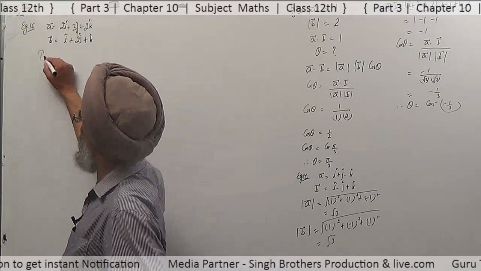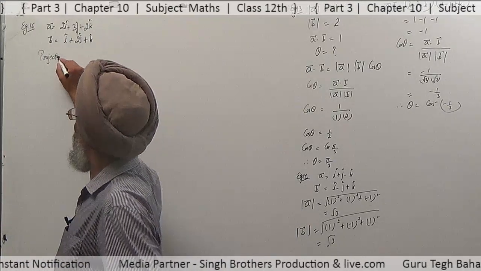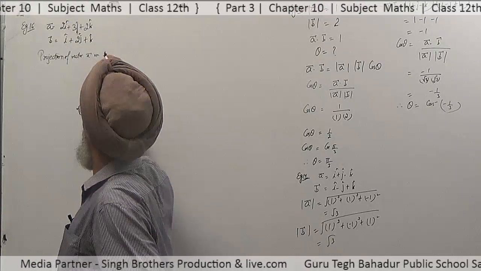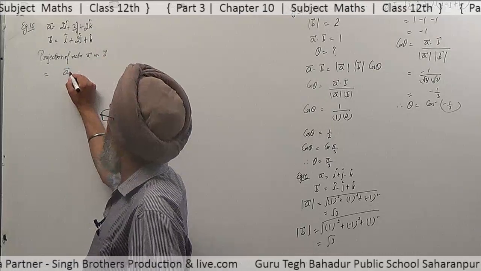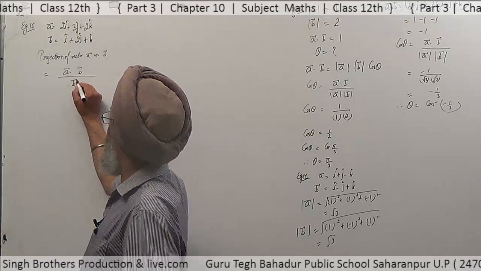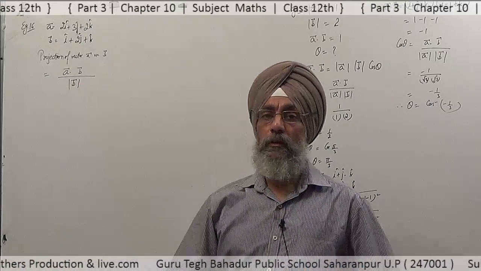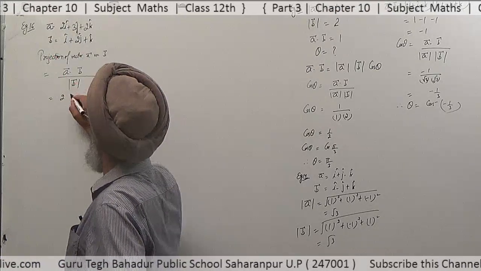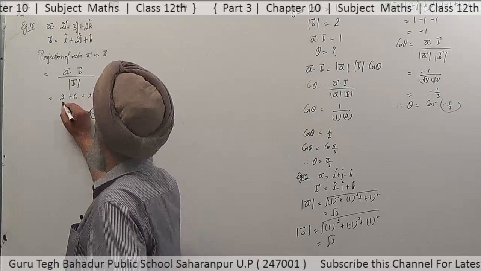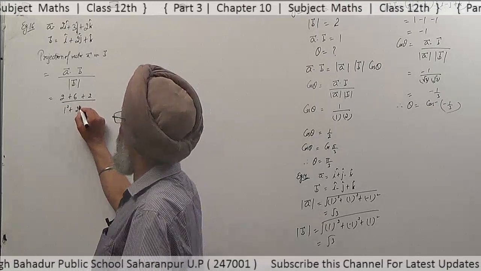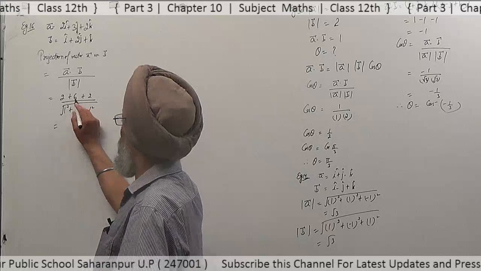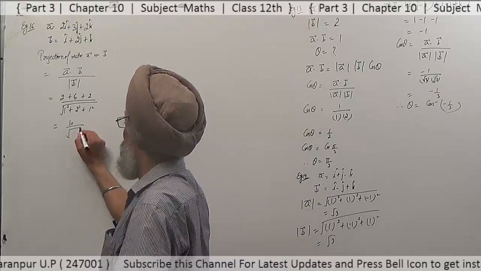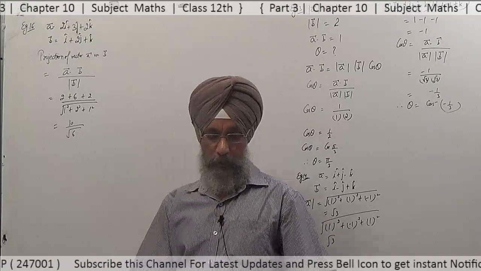Now the projection of vector A on B is given by A dot B upon magnitude of B. So for A dot B, we multiply i with i, which gives you 2, 3 into 2 is 6, 2 into 1 is 2. Magnitude of B gives you square root of 1 squared, 2 squared, 1 squared, that is 6, so 4 plus 6 is 10 over square root of 6. That is the projection of vector A on B.